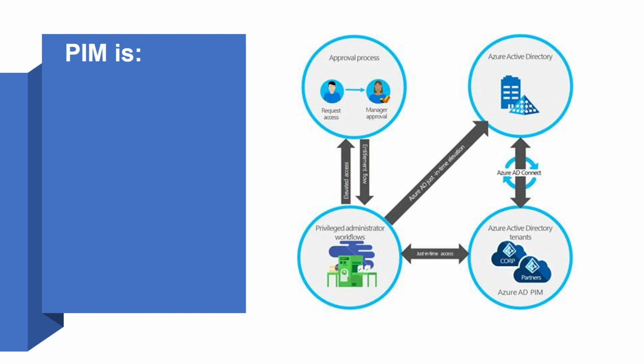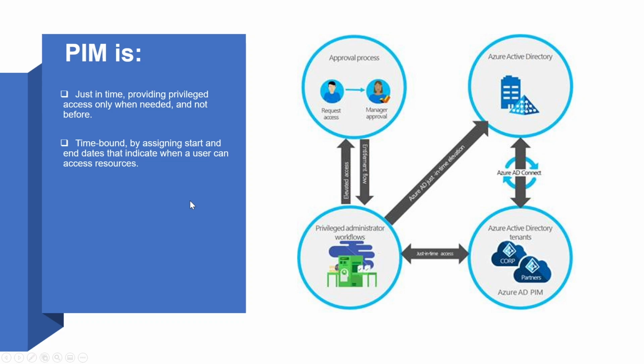Let us look into the privileged identity management capabilities. PIM mitigates the risk of excessive, unnecessary, or misused access permissions. It requires justification to understand why users want permissions and enforces multi factor authentication to activate any role. Privileged identity management is just in time, providing privileged access only when needed and not before.